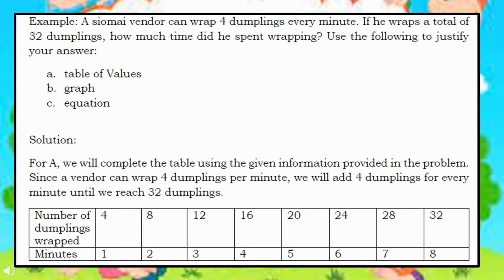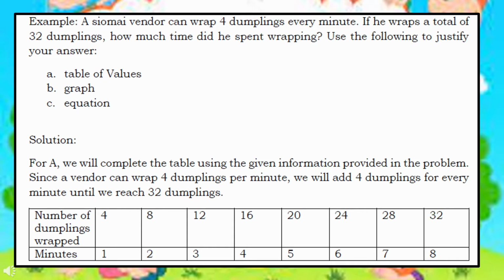For A, we will complete the table using the given information provided in the problem. Since a vendor can wrap 4 dumplings per minute, we will add 4 dumplings for every minute until we reach 32 dumplings. So we have here the table.